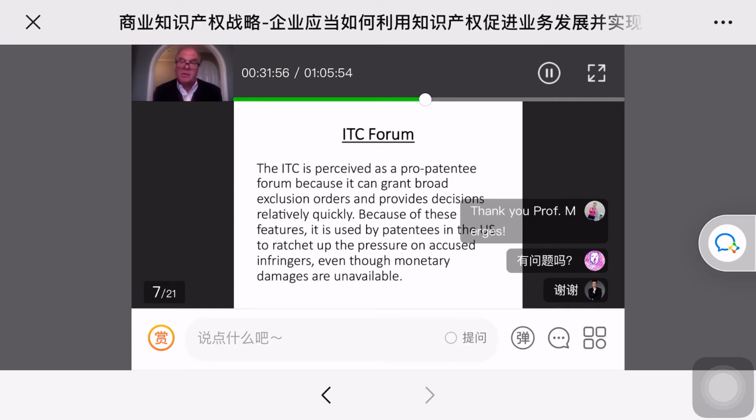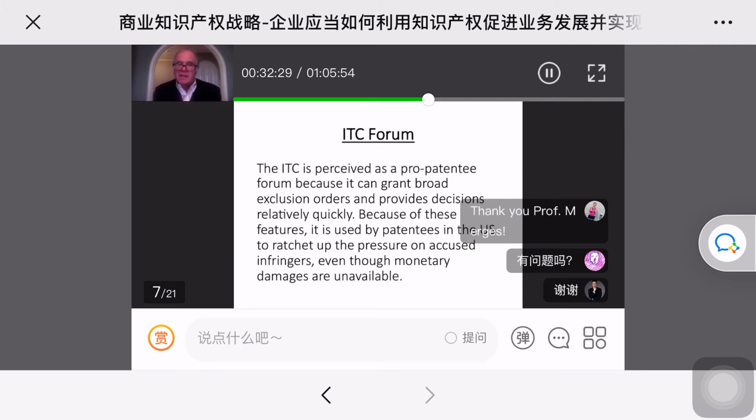And if an imported product would infringe an existing U.S. IP right, then the ITC, the International Trade Commission, has the authority to keep that imported product out. It's called an exclusion order. It basically says, if an import would infringe an IP right, we keep it out. And that's how this government agency becomes involved in intellectual property.